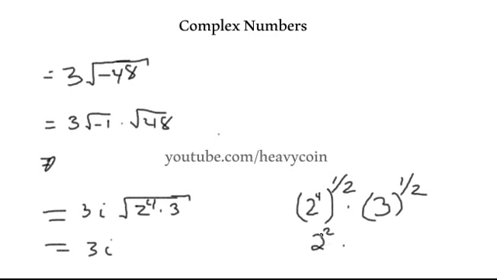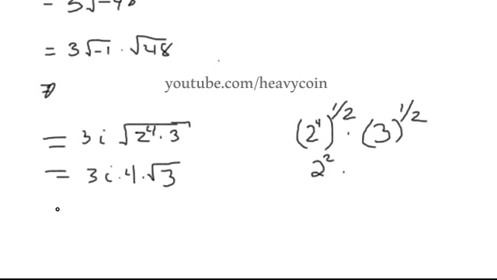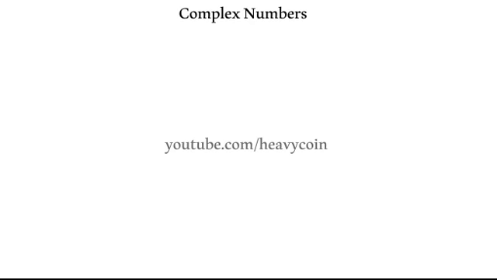So that becomes 2 squared there, which is 4. So we write a 4 here, and then I'm just going to go ahead and write it back in radical form, this here. So we end up with 12i times the square root of 3. Of course, that's got to happen at least once.